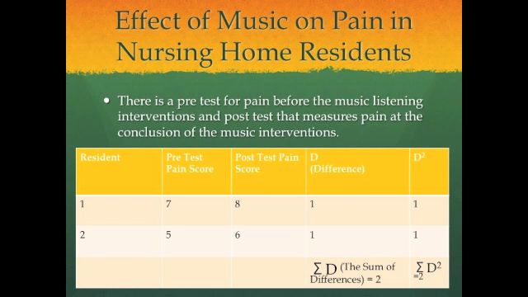Their pre-test scores were 7 and 5 respectively, and their post-test pain scores were 8 and 6 respectively, both leaving a difference of 1. Therefore, the sum of differences would be 2, 1 plus 1. Then we are looking at the sum of differences squared, which would be 1 and 1, meaning that there would be a total of 2.